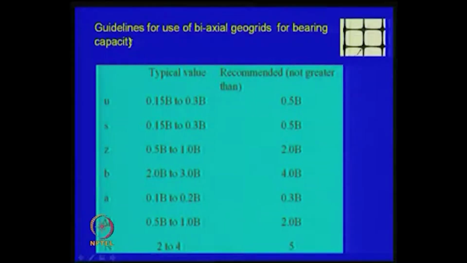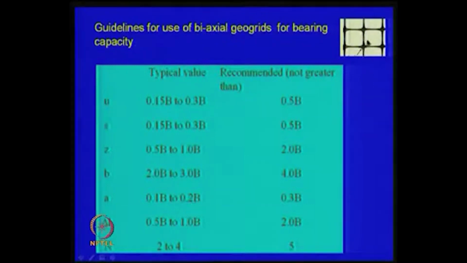Another important thing is that there are certain guidelines. The guidelines are based on extensive work; in fact, we did some work about 10 years back based on some master's theses, on guidelines for use of biaxial geogrids.